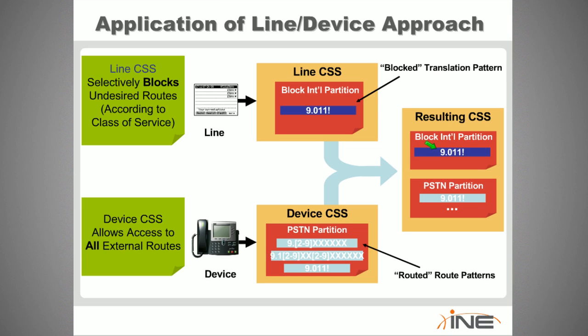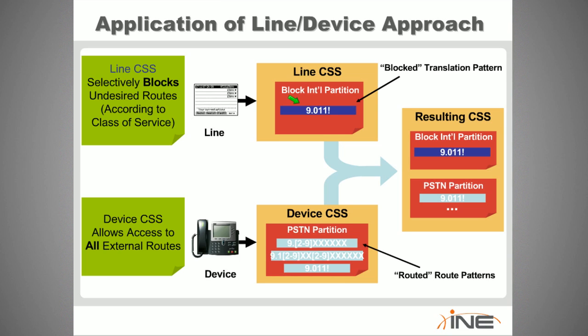But why would we want to do this? Well, because I only have to create 4 blocking partitions, 4 blocking patterns, and then I only have to create 4 blocking CSSs for the entire numbering plan.